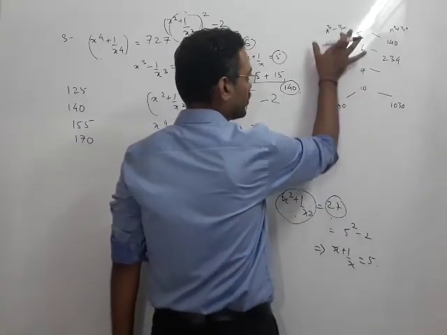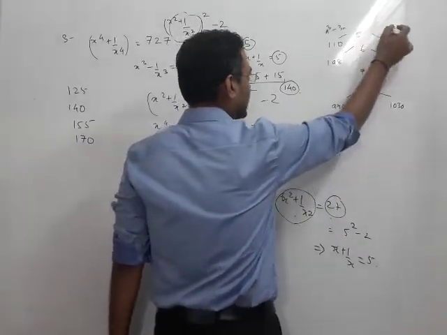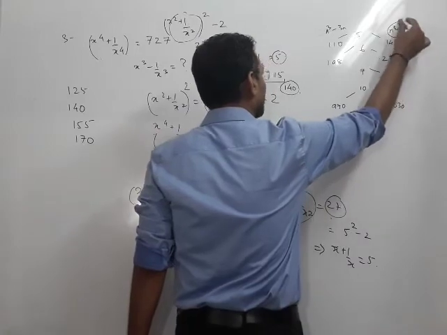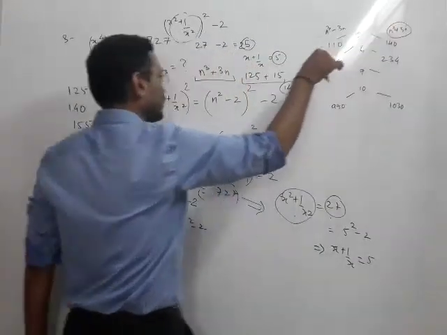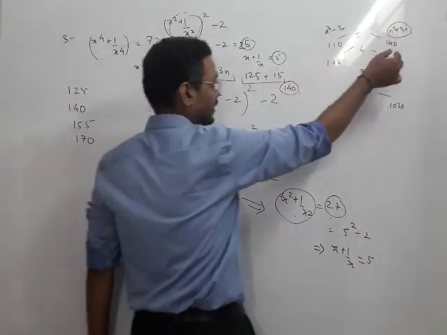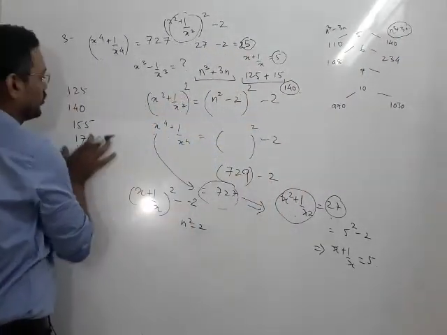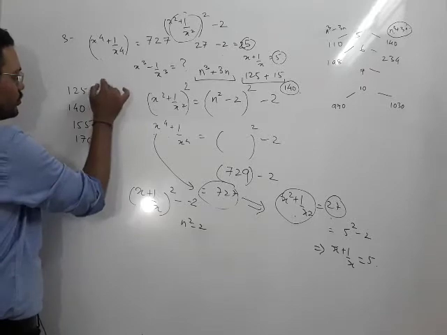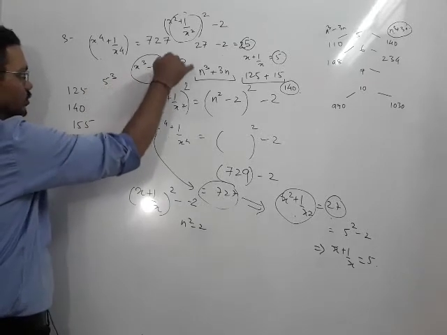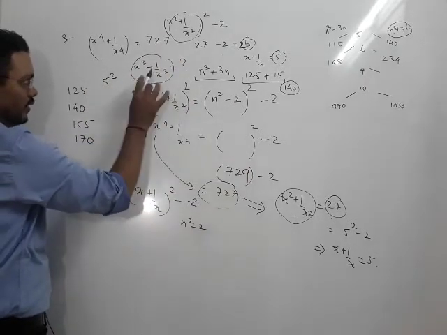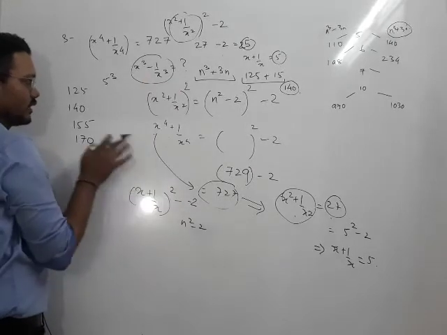Now I have done my homework. I have done a lot of such values. I know that whenever it is n cube plus 1 by n cube plus 3n side, my value is a range of 5 cube. So I don't need to find that x plus 1 by x is 5. It's by default 5.